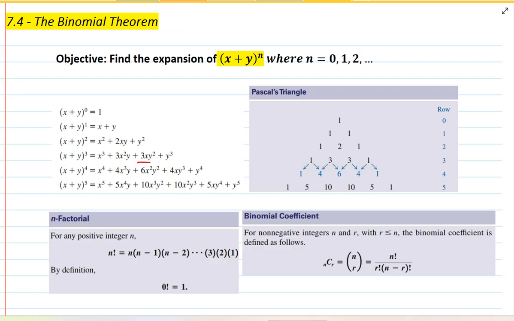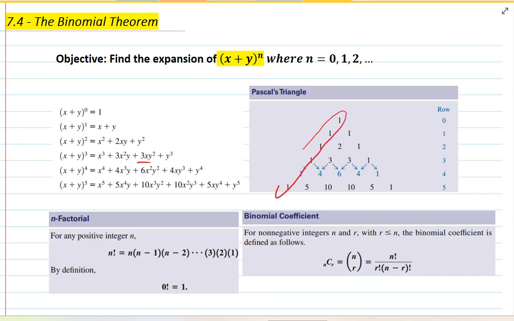We can go from one row to the next and to the next this way. So for instance, starting with row 1, if you add 1 plus 1, you get 2. That would be the number in the middle of the next row. One thing we can observe here is this, folks.